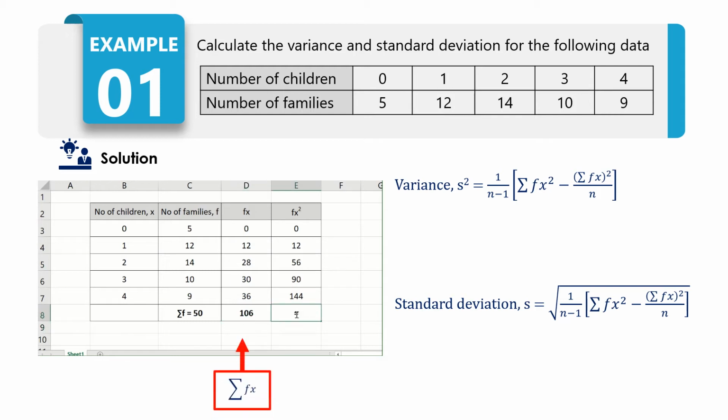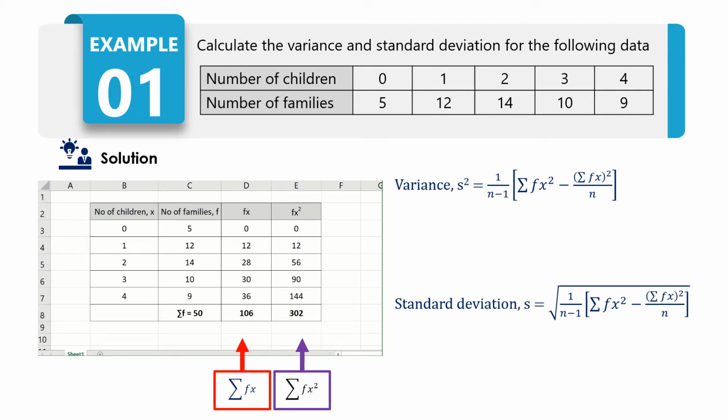So summation of fx is equal to 106. Okay, so do the same thing to column fx square to find summation of fx square, which is 302.